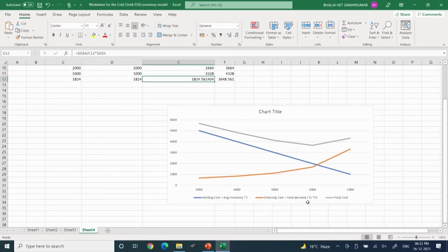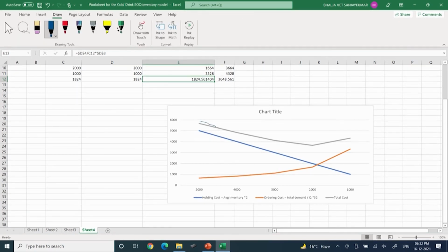You see that the total cost is minimum at this point, approximately 2000. I do not know the exact value from the graph, because the exact value is 1824. So, the optimal ordering quantity is 1824.